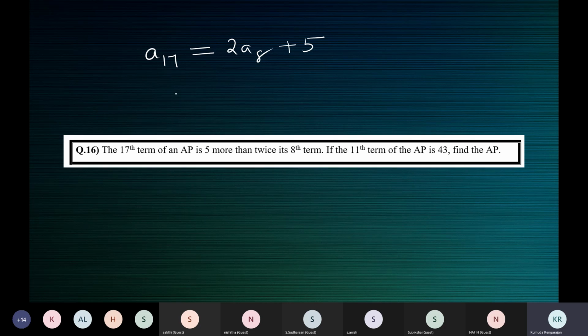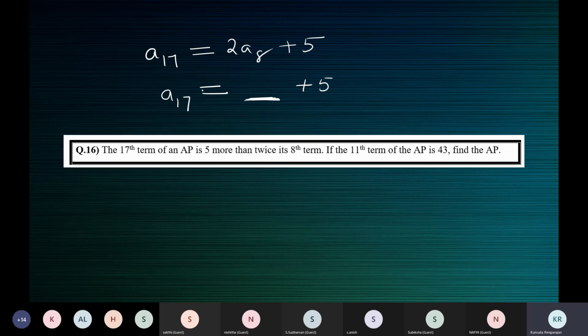The 17th term of an AP is 5 more than something. So that something should come first. It's 5 more than what? That will come here.